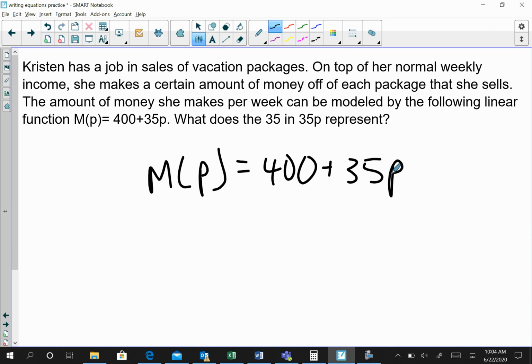What does the 35 in 35P represent? So let's break this down. M of P is pretty much, what these kinds of things mean is once P is my input, my function is done. So this is basically the money after P number of packages.